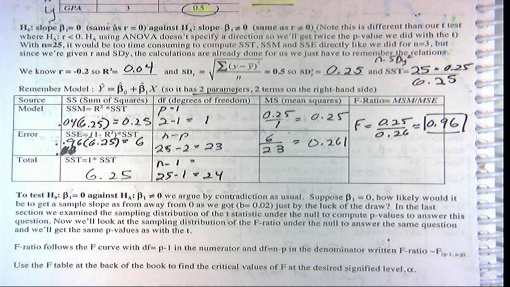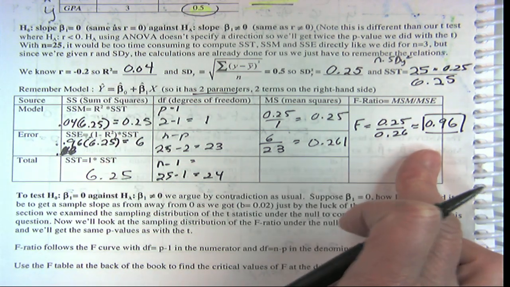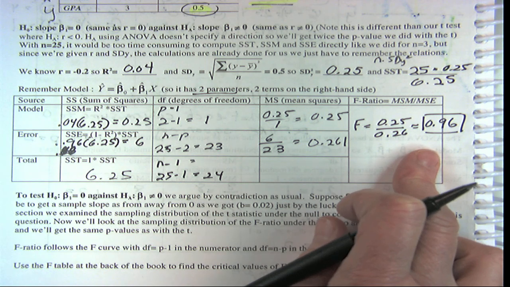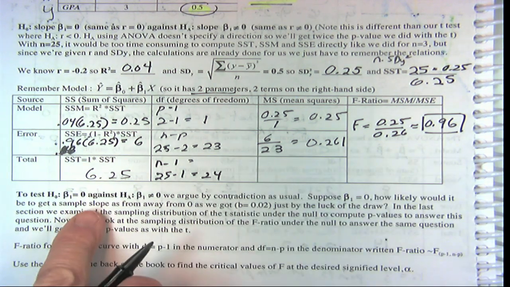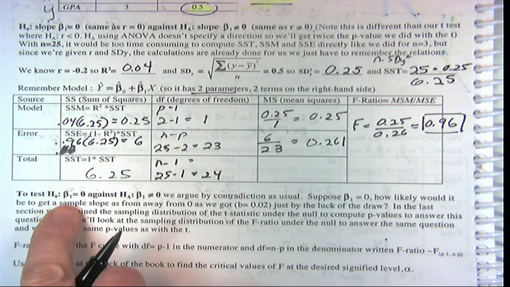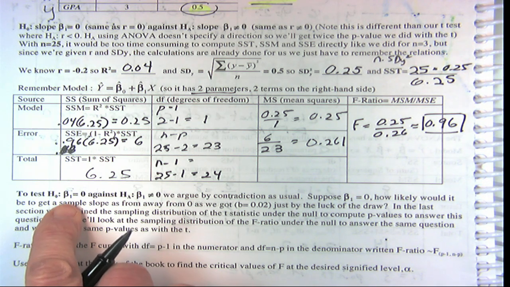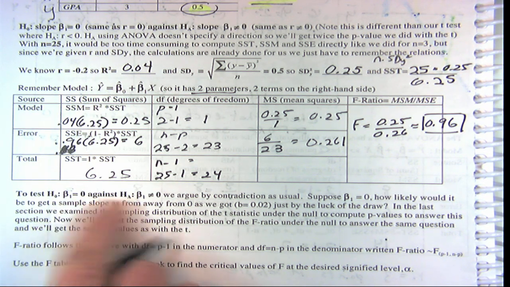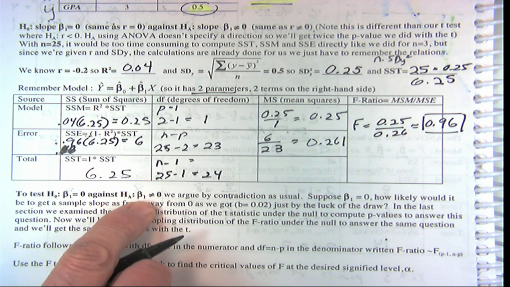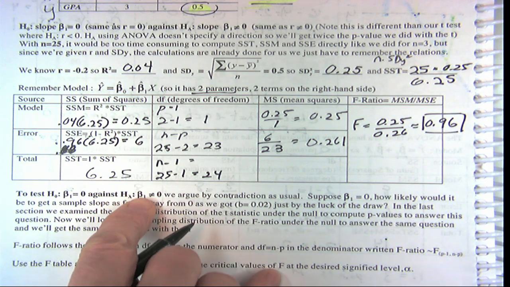Now, we're going to use this statistic to test the null, which is that the slope is 0, that there's no correlation. That's equivalent to saying there's no correlation between drinking and GPA, against the alternative, which is always two-sided, because think of it, we're doing squares here.